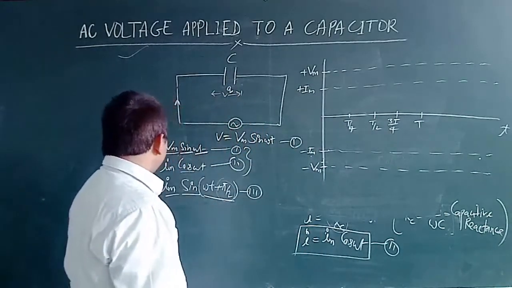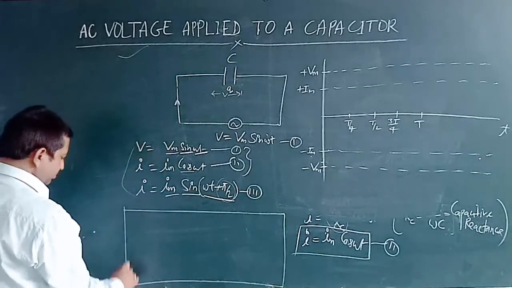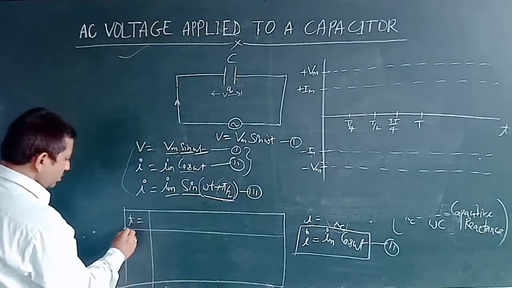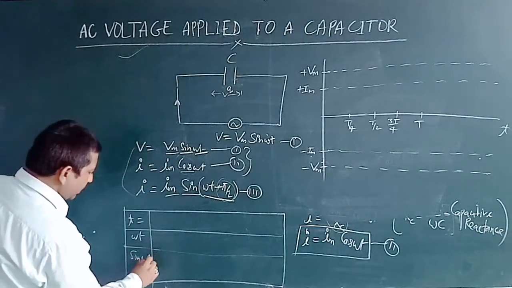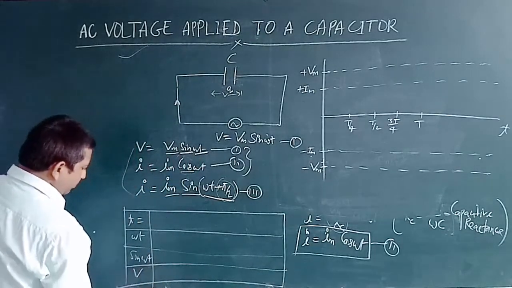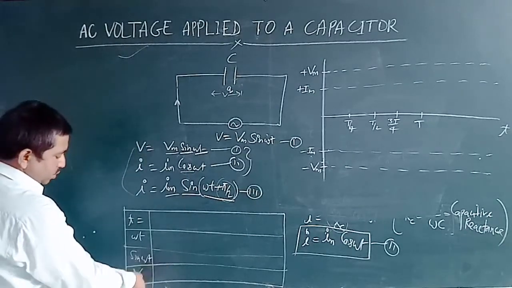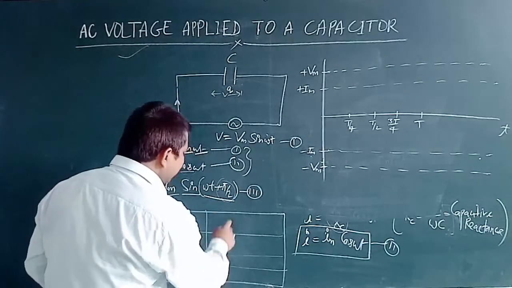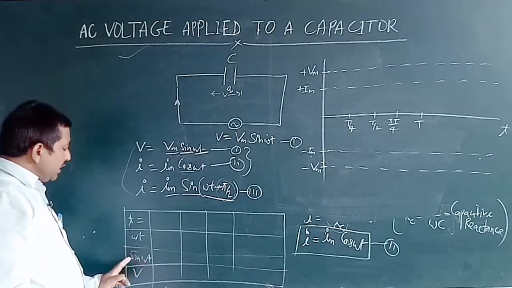Now if we make a table for this, then we get t is equal to, omega t is equal to, sin omega t, and also V, and next you can also write omega t plus pi by 2 and I. So you can easily take different values of t and solve for omega t and sin omega t.